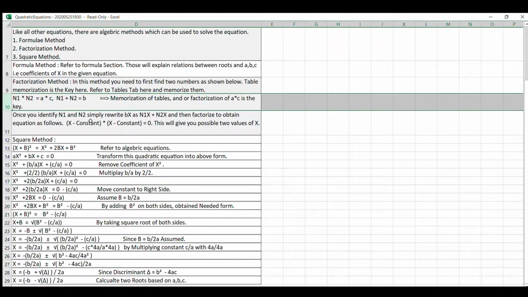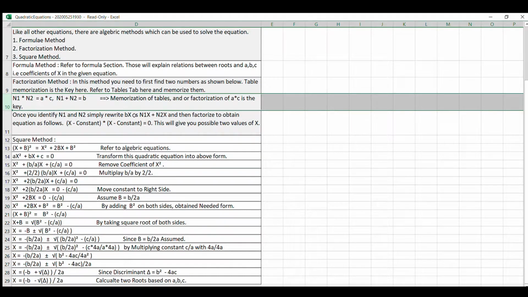If you assume the first bracket is equal to 0, then you will get x is equal to some constant. Same way, there will be x is equal to some constant for the second bracket. This is the way you will be finding the two values of x.